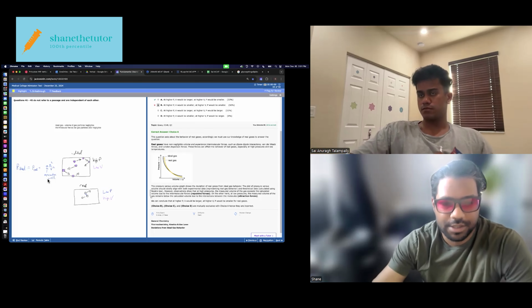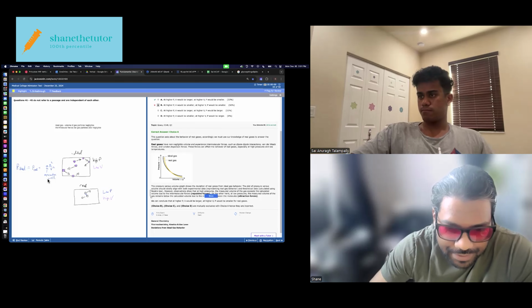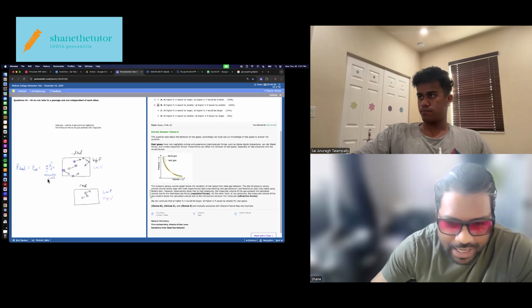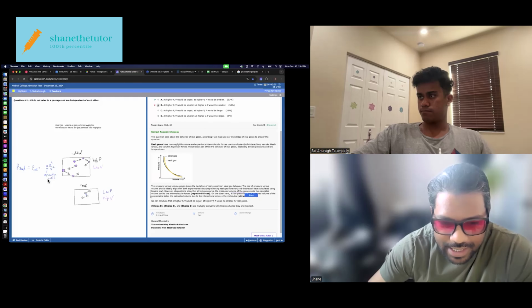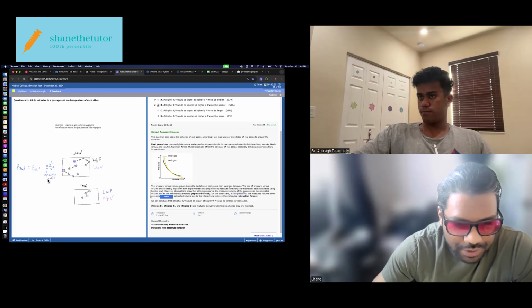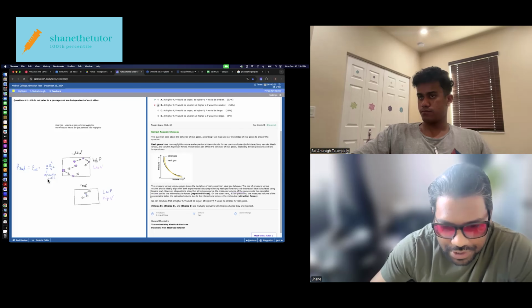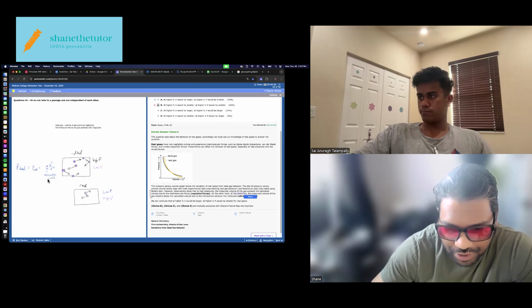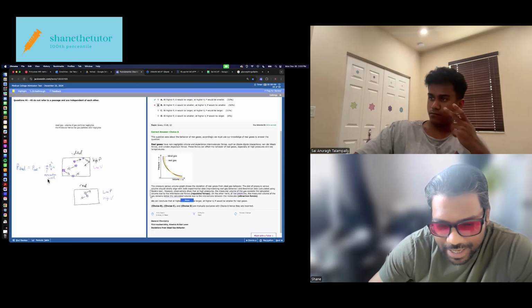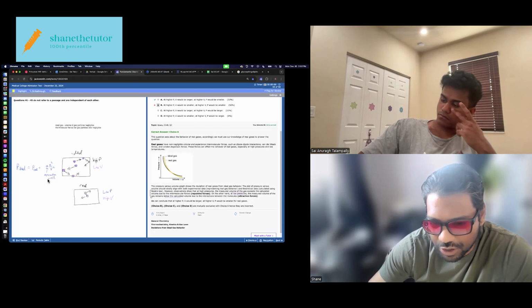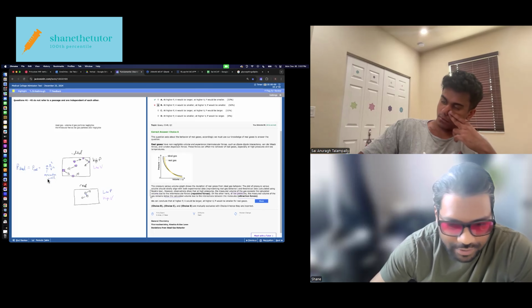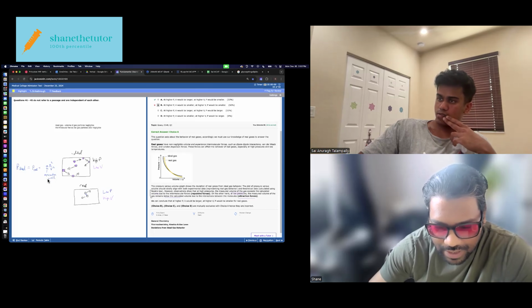So here they're telling us that at high pressures, the measured volume of the gas exceeds the calculated volume due to these intermolecular forces. And on the other hand, at low pressures, the measured volume of the gas remains below the calculated volume due to the interactions between the molecules, the attraction forces.